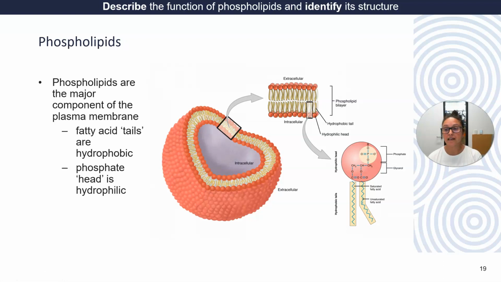All right, now this is our second kind of lipid that we're going to be looking at. This one is called the phospholipid, and it's super important because the phospholipid makes our plasma membrane.